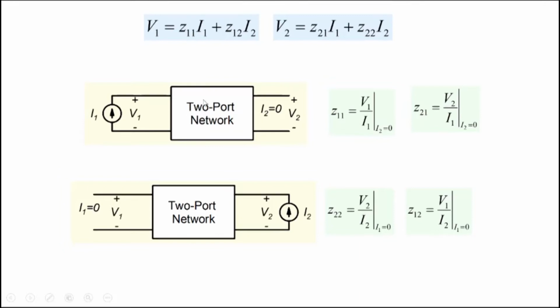So note that any piece of unknown circuit, complicated circuit, any amplifier that is given to you, even if you don't know what is inside it, you could take that piece of circuit and experimentally you could do this. You could open it out here, apply a current source, measure V1 on the oscilloscope or a multimeter, and thereby simply take the ratios of the experimentally measured values, and you have Z11, Z21, and similarly you have Z22 and Z12.